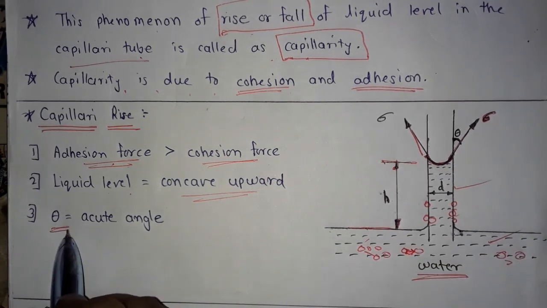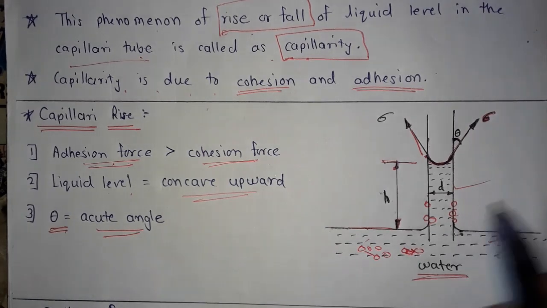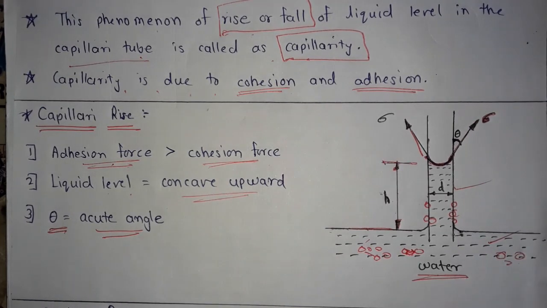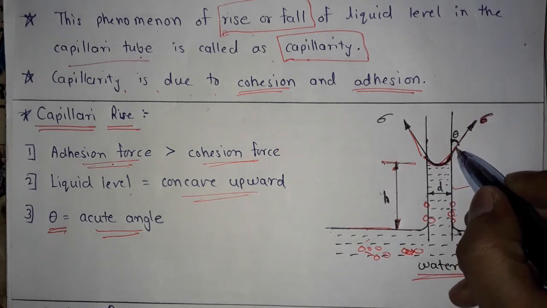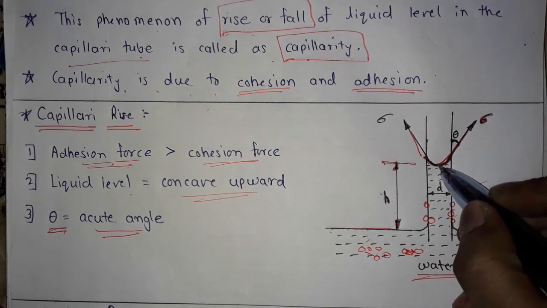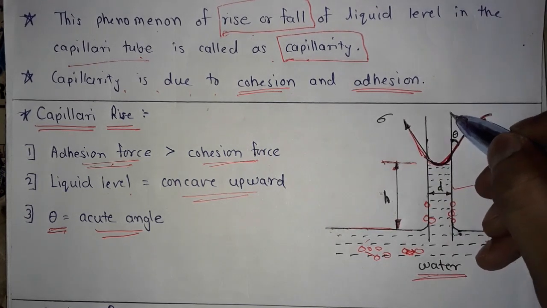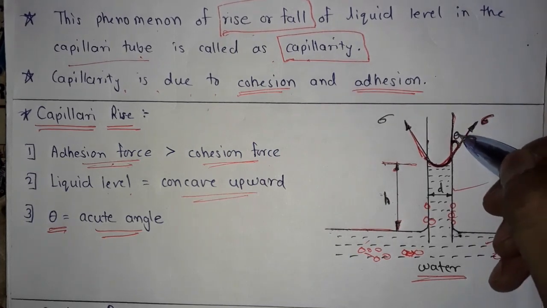And here friends, theta is an acute angle. Theta is equal to the angle between the surface tension, that is this one, and the vertical, that is this one. So here this is the theta.